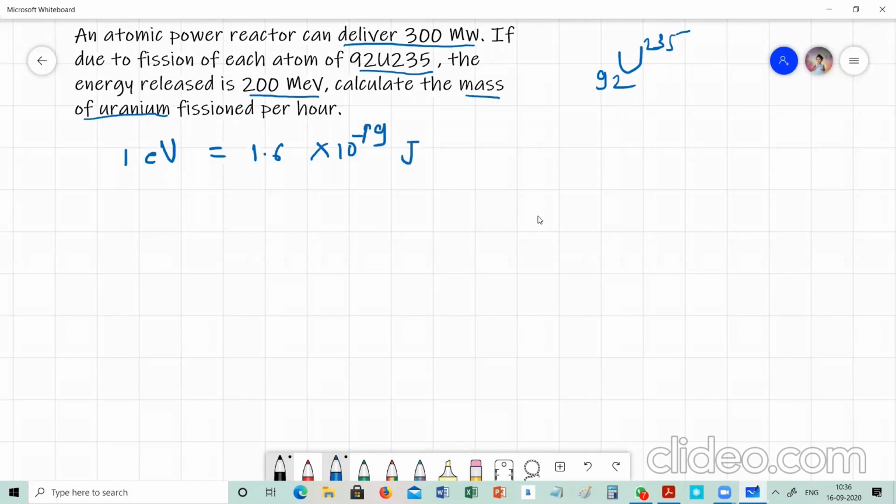So the energy released by a particular atom is expressed in terms of electron volt instead of joules. So here the energy released by one uranium atom is 200 mega electron volt, and we have to calculate mass of uranium fissioned per hour.